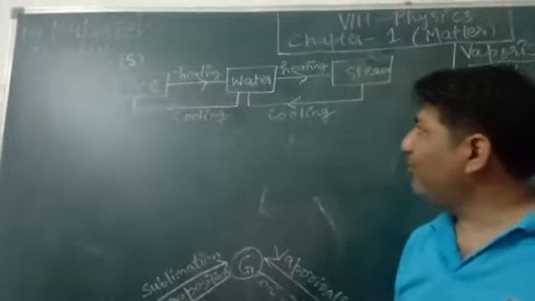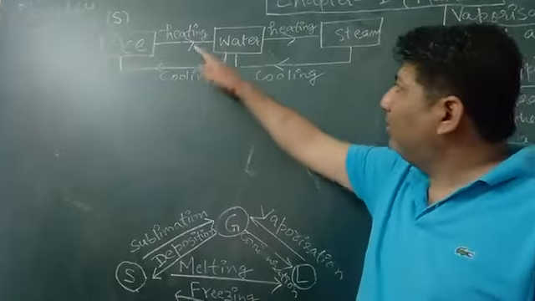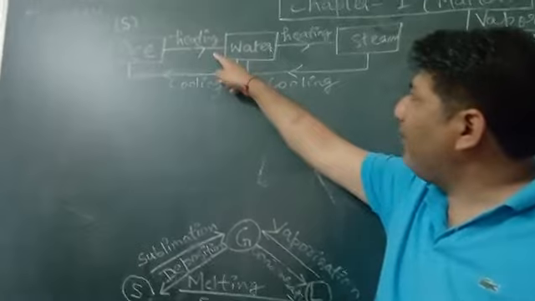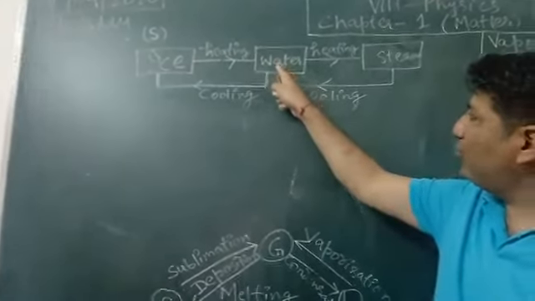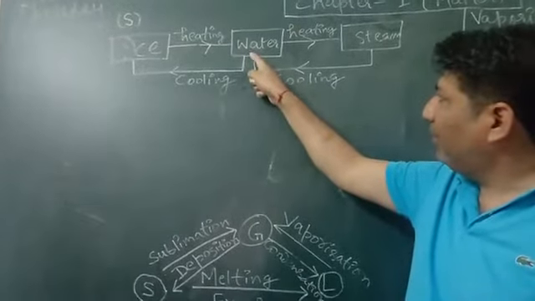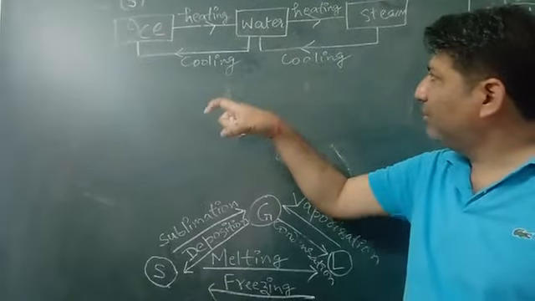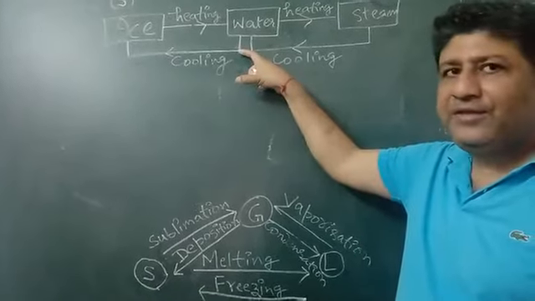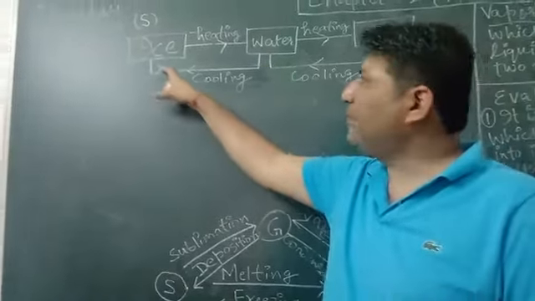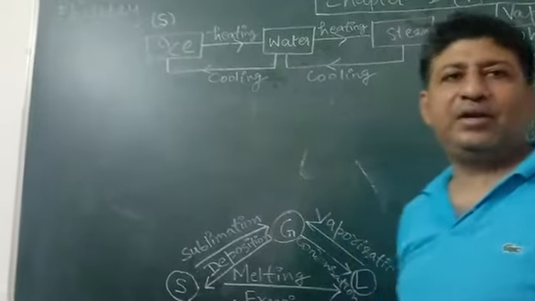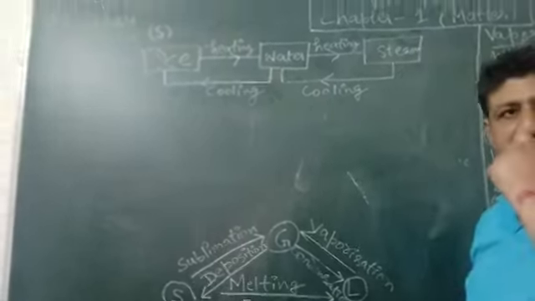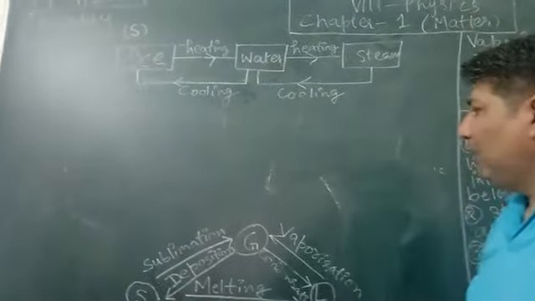Okay, so this can be achieved by taking back whatever heat was provided to water. We put it in the refrigerator, it takes the heat back and gets converted back into ice.